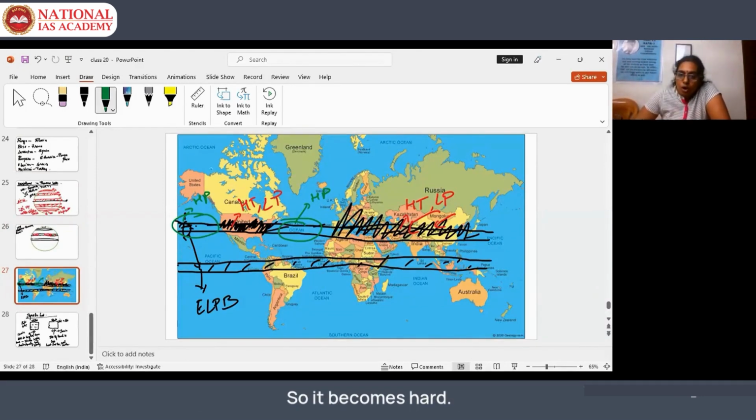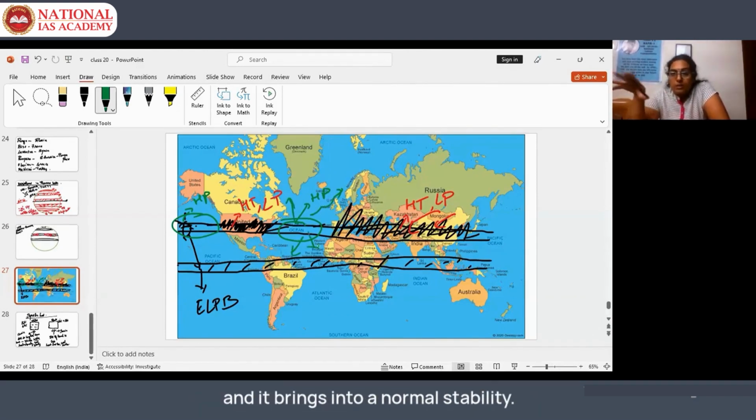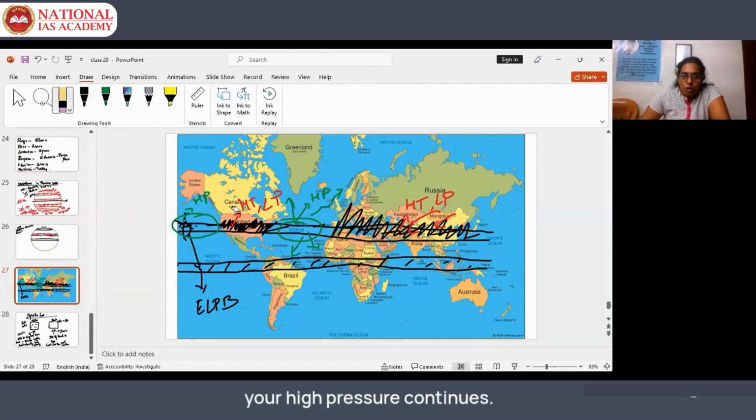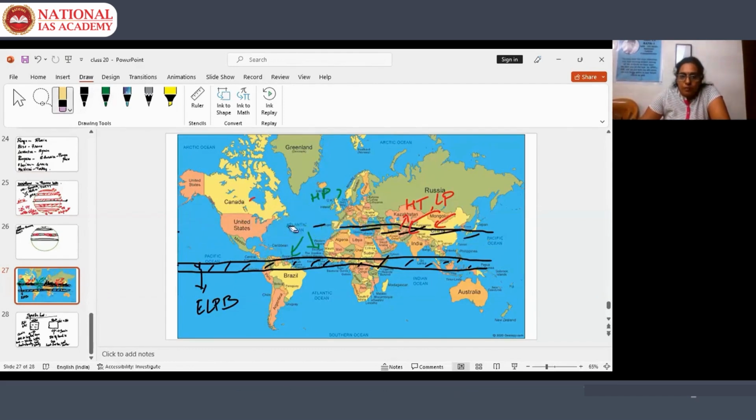So it becomes hot, but it has the opportunity to move in this direction, it moves around and brings things into a normal stability. So it doesn't heat up that quickly. So your high pressure continues on your water.